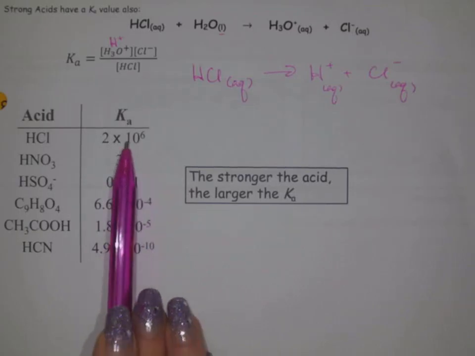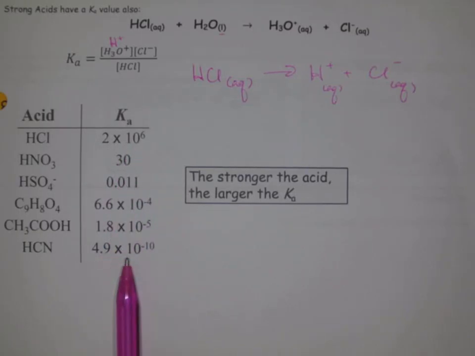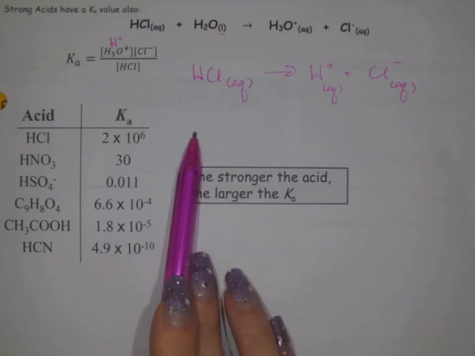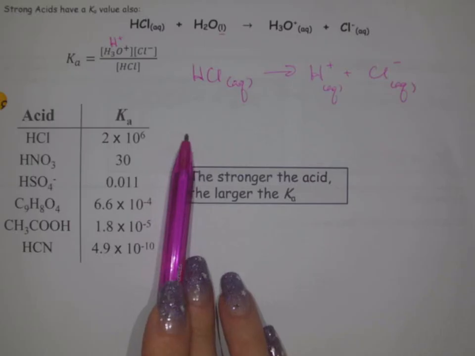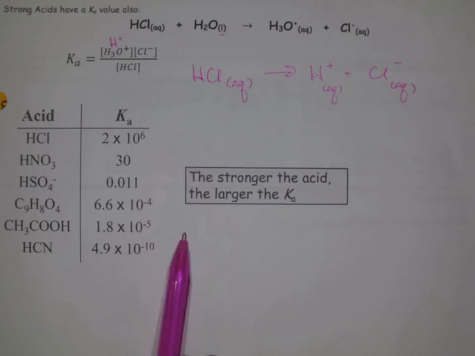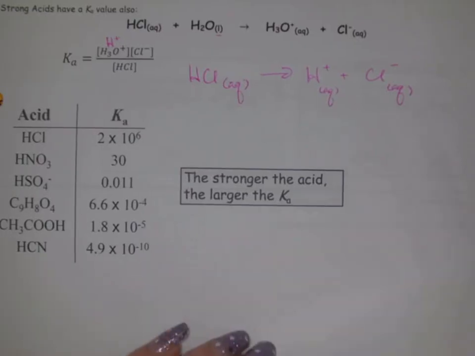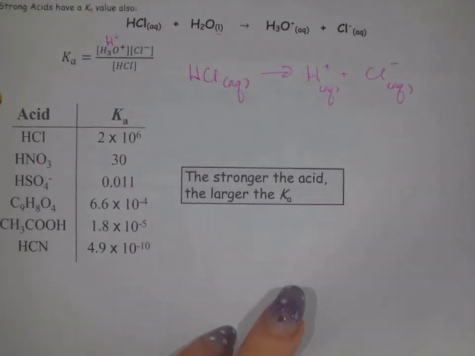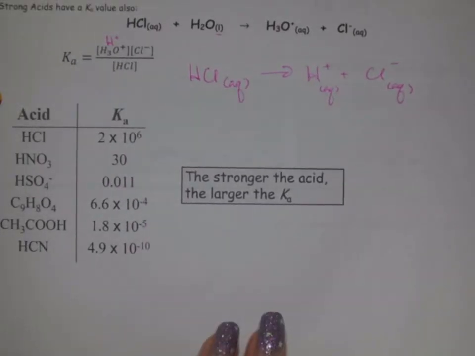So this would be my strongest acid, this would be my weakest acid. And if I were to write pHs, this would be my smallest pH, and this would be my biggest pH. So the larger the Ka, the stronger the acid, the lower the pH.